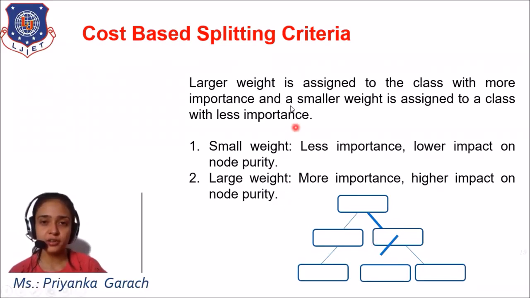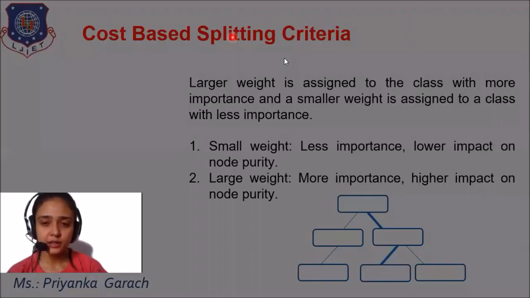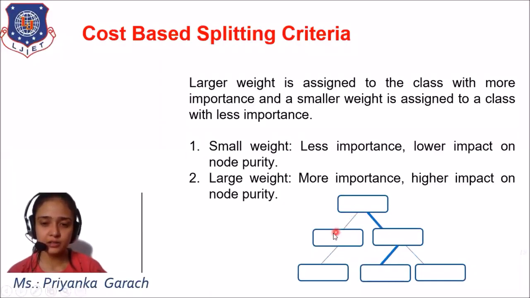You can visualize that here my decision tree is there. I have two different branches, 0 and 1. Again, for this internal node I have branches 0 and 1, and for this internal node I again have two branches, 0 and 1. So in which direction should I move? Where the weight is more, in that direction I will move.